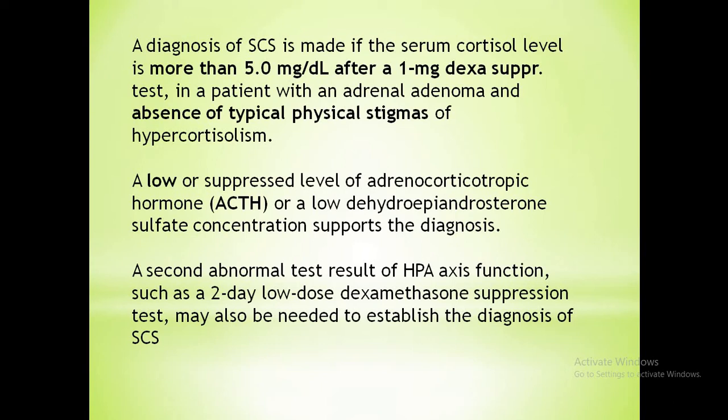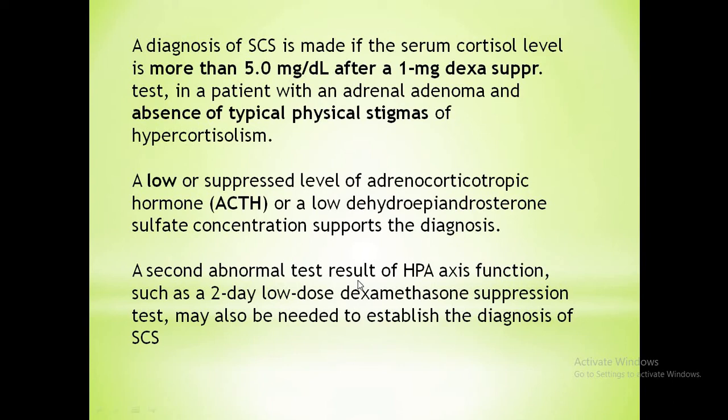If it is more than 5 micrograms per deciliter after a 1 milligram dexamethasone suppression test, and in the absence of typical signs or physical stigmata of hypercortisolism, it will suggest that the patient has SCS, or subclinical Cushing syndrome, further supported by a low or suppressed level of ACTH or a low DHEAS.